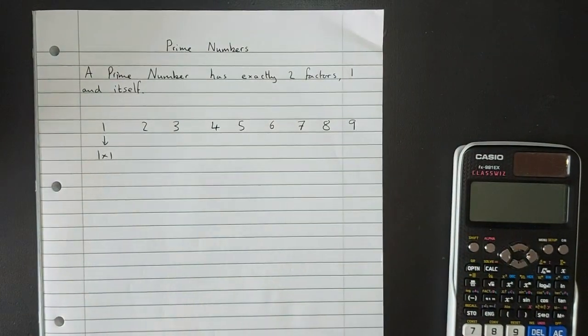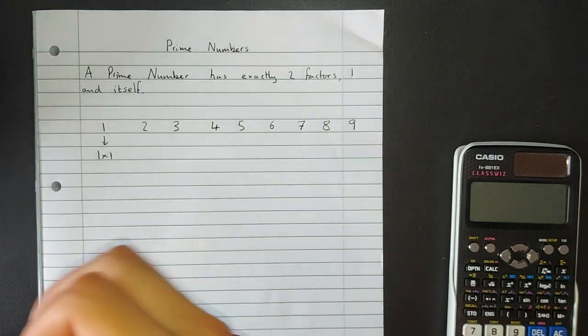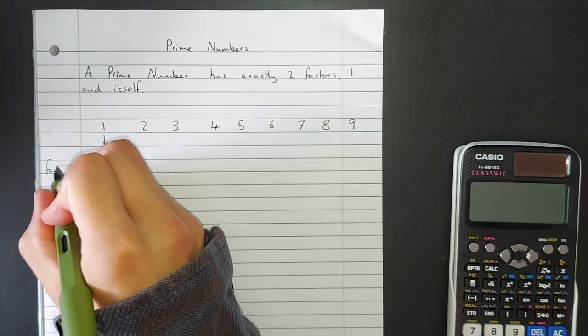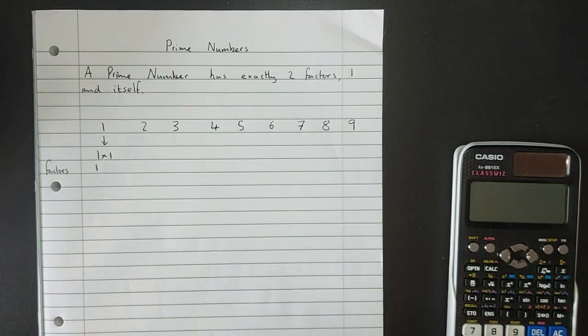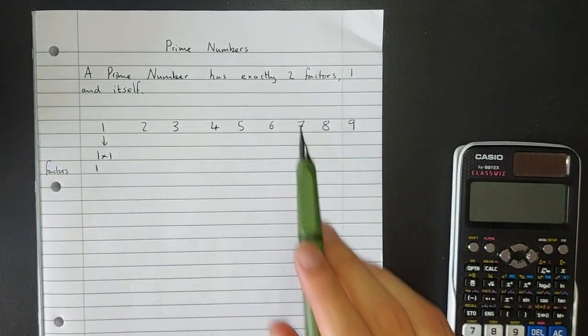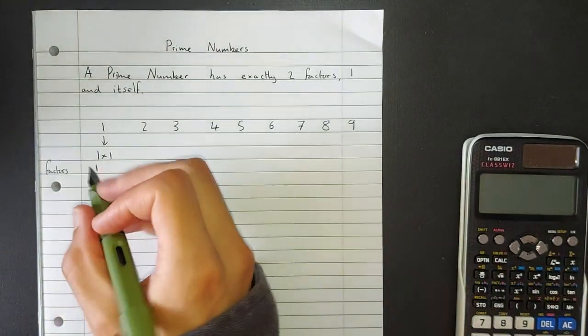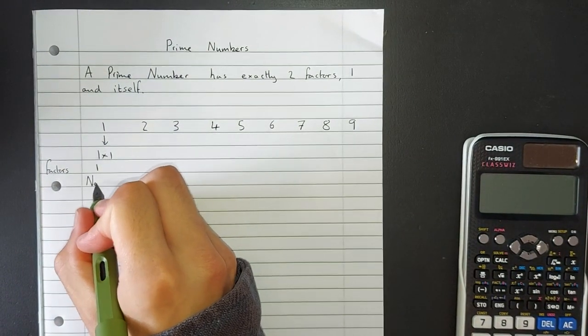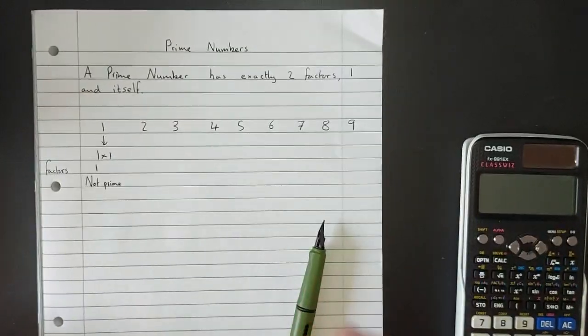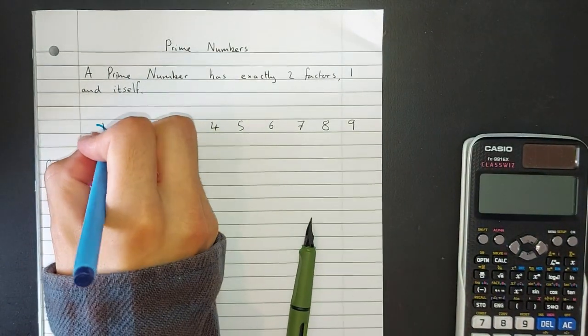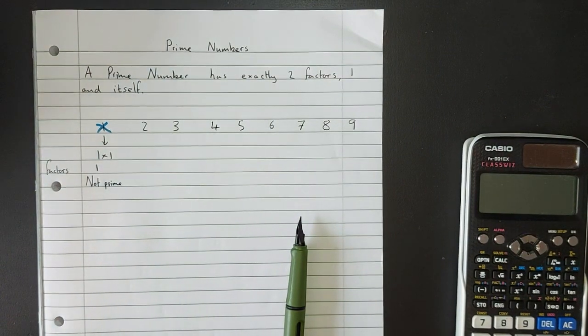So if I list the factors of 1, in fact, I'm going to do a factors row, there would just be one factor of 1, which is 1. Remember, a prime number has exactly two factors. So this is not prime. Let's do a little cross through it. 1 is not prime.